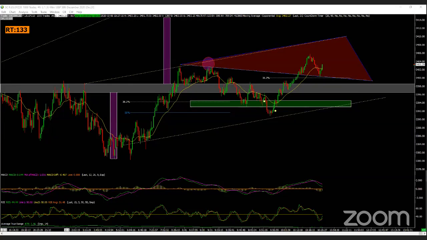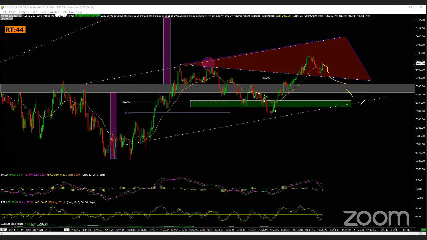Looks like the buyers are eager to retest that high. Well, we know that she can collapse just as quick, right? Just as quick right here. So we still wait. We wait for the patterns to show up.